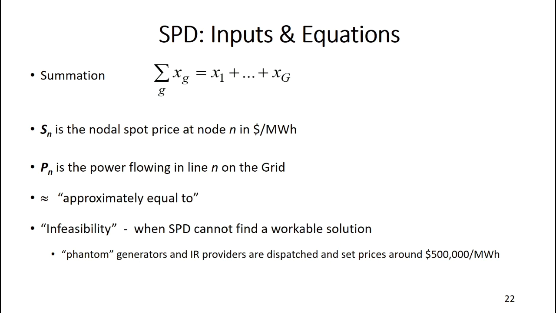Now these are set at very high prices, so when an infeasibility occurs, the signal of this is prices coming out at around $500,000 per megawatt hour. Now those prices aren't published and used for final settlement. They're a signal that the model solution needs to be reworked so that a feasible dispatch and pricing solution can be found.